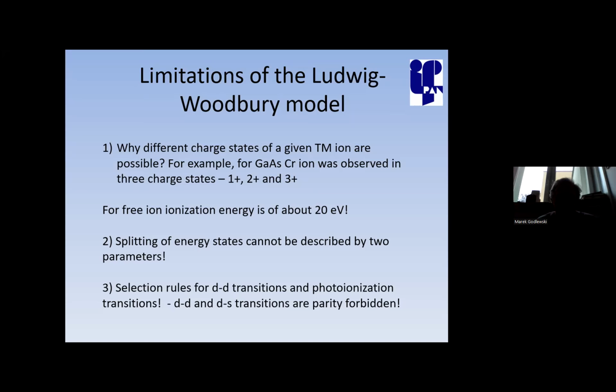What was also quite surprising was when people looked at selection rules for transitions, either for intrashell d-d transitions, or for photoionization. If 2 or 3 charge states are allowed, then we can look at the intensities of valence band to impurity compared to impurity to conduction band transitions. The first should be parity allowed, a p-d transition, and the second, d-s, should be parity forbidden.